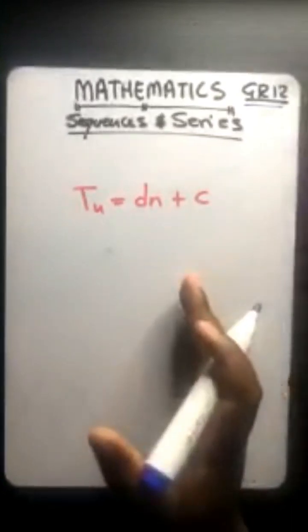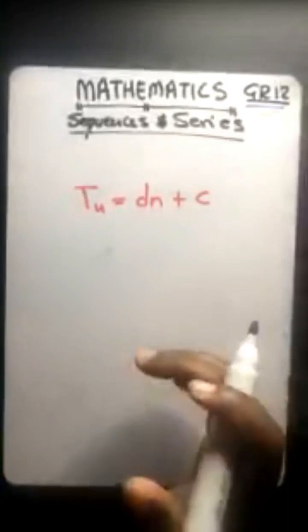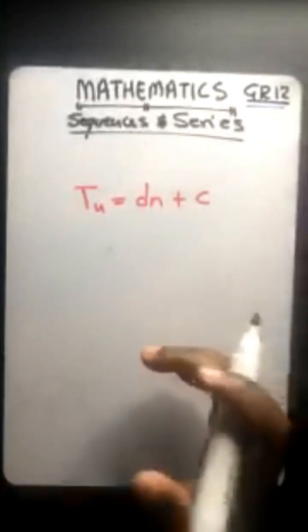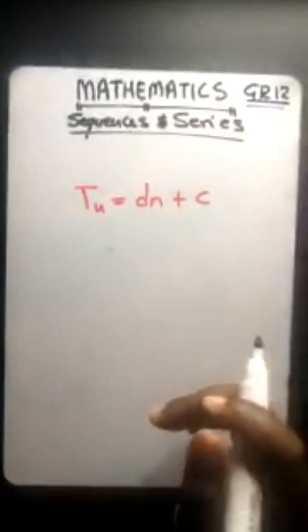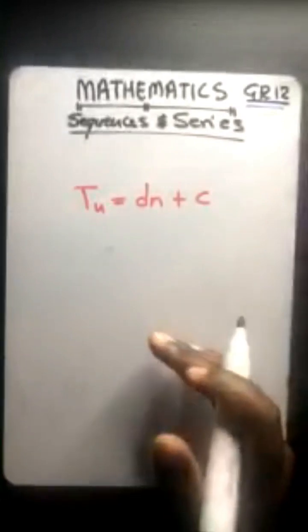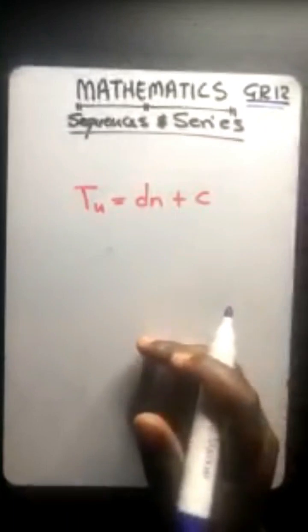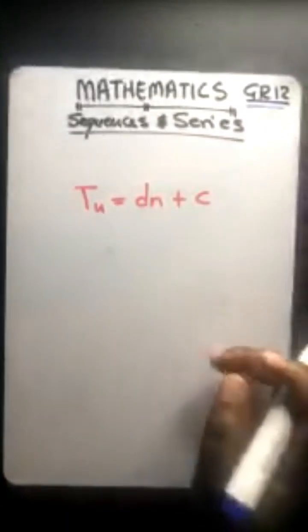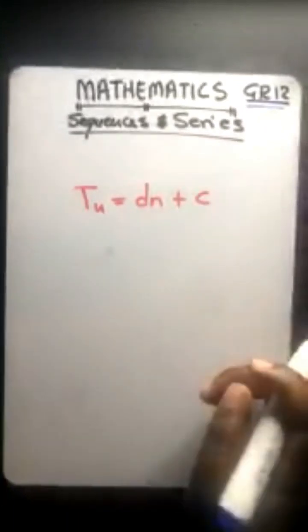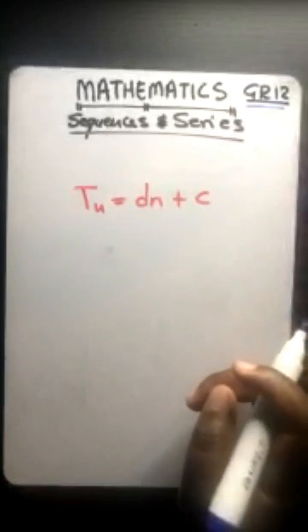What I'm hoping to achieve in almost all of my lessons is not to just make you know things, but to understand exactly what maths is. That's what I'm trying to achieve.